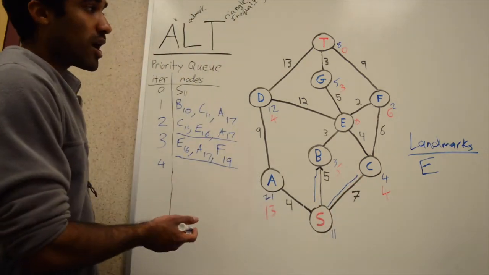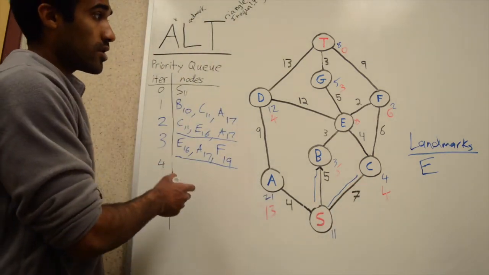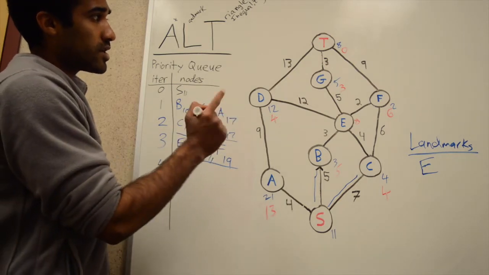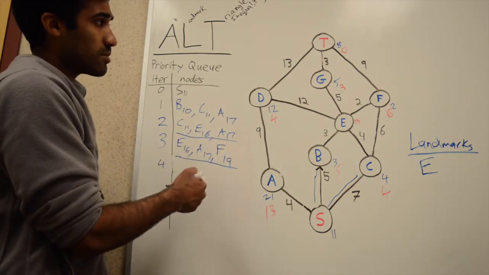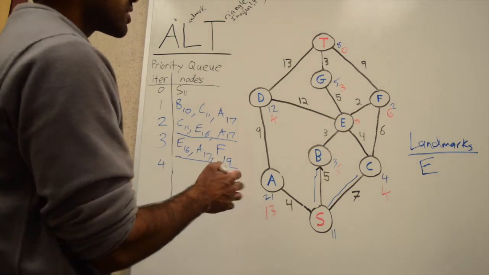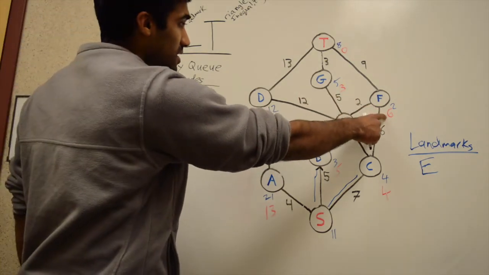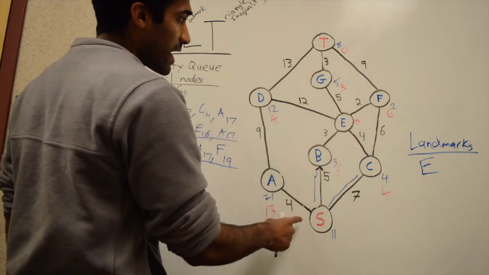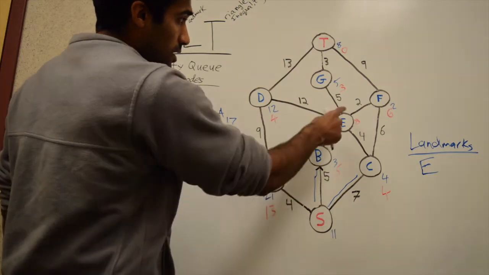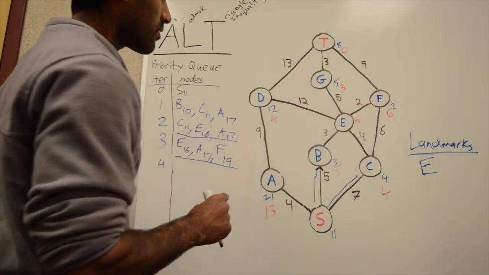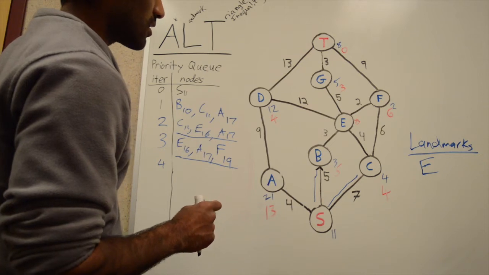And so now we're going to pop E off the queue, and we have nodes F and G to potentially be modified or added to the queue. So F has a heuristic value of 6, and its distance from S in this direction is 10. So its total value is 16.